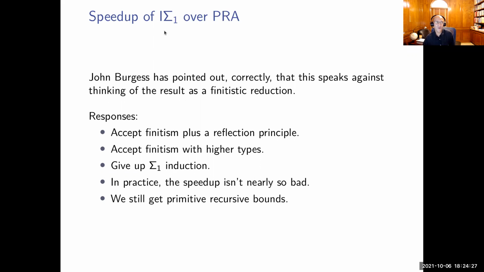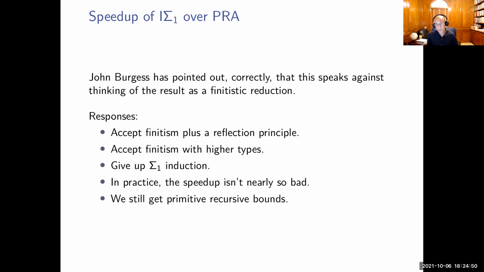Still, you can use this as an instrument to get results if you accept finitism plus a little bit more, like a reflection principle, or the various other ways of getting the extra strength. I mean, if you're a really hardcore finitist, you might want to just give up sigma-1 induction.